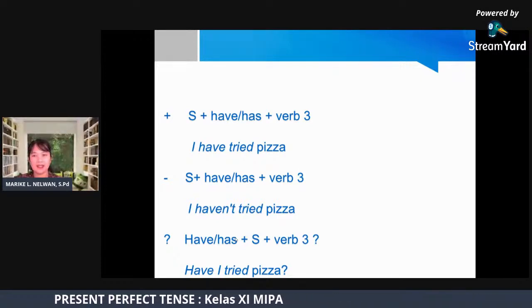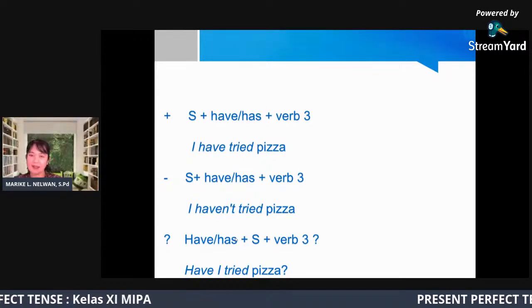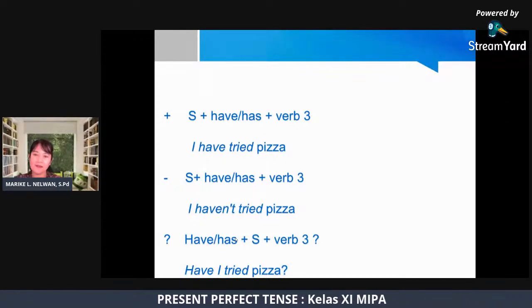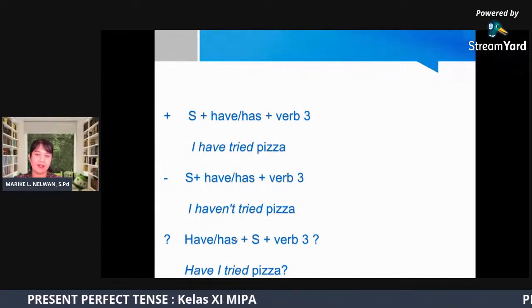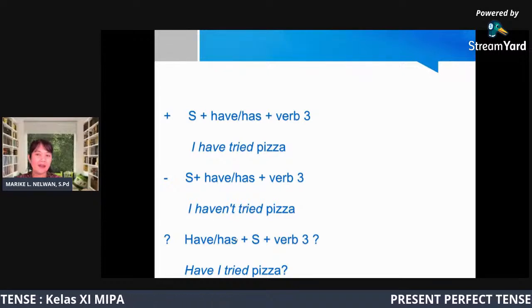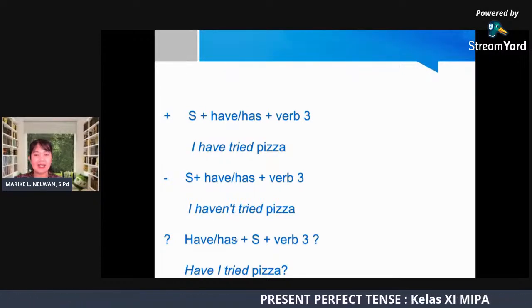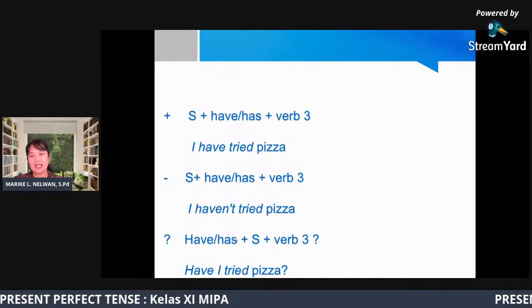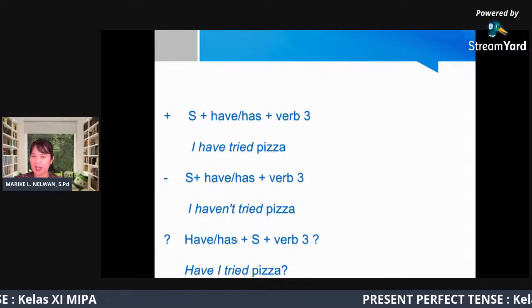Kalian lihat kalimatnya? Would you please read from there? I have tried pizza. Again, I have tried pizza. Saya sudah mencoba pizza.